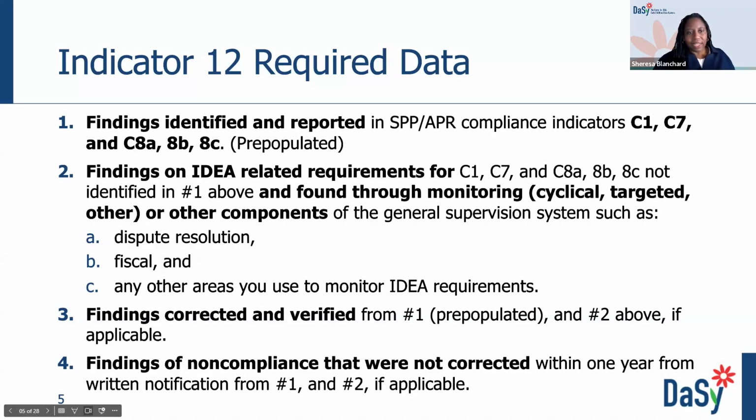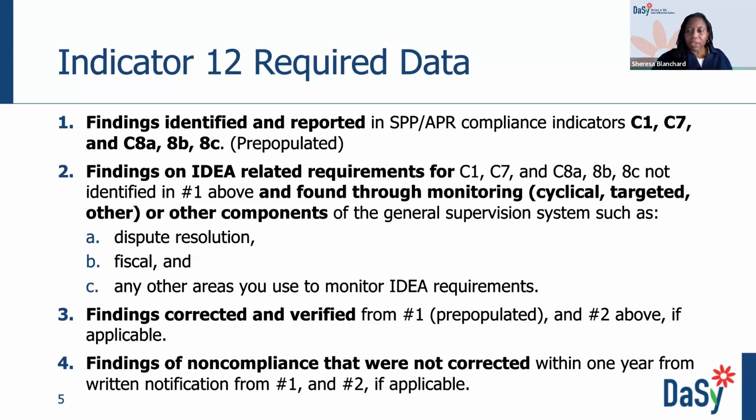Then we have findings on IDEA-related requirements for those same indicators, C1, C7, C8A, 8B, and 8C, not identified above, and found through monitoring, either cyclical or targeted monitoring or other, and other components of general supervision, such as dispute resolution, fiscal, and any other areas you would use to monitor IDEA requirements.